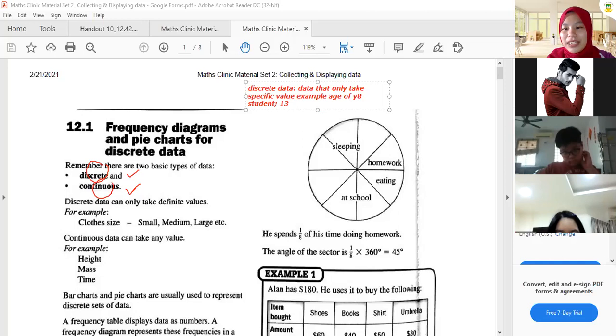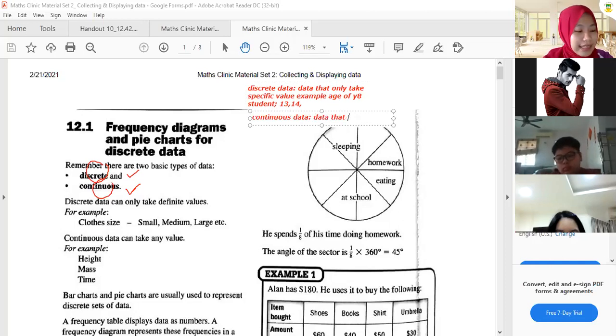Is there anyone 14 years old? Okay, 13, 14, majority. 12 years old, okay, good. That is discrete data because you have specific values. But look at continuous data. Continuous data is data that can take any value.